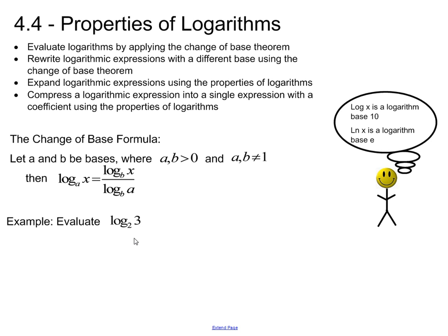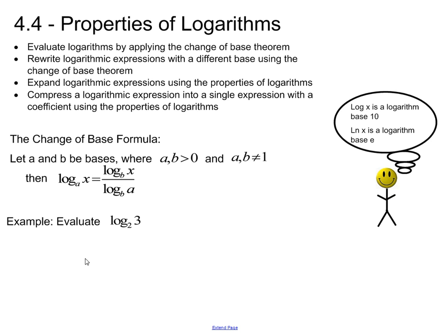Well, clearly 3 is not one of 2's even exponent values, so how do we actually evaluate this? Well, our change of base theorem provides us an answer. It says, in essence, that if we don't like the base that we're dealing with, rewrite it in terms of another base. So, for example, I might be interested in rewriting this using the change of base theorem as a common logarithm.